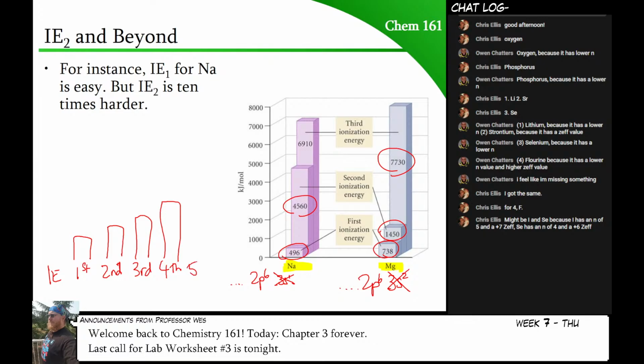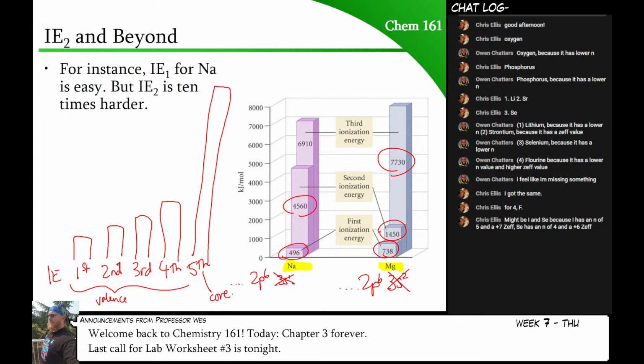This looks pretty normal, right? And then, whoa, what happened here? Why is that one way more? And the answer is, well, these must have been valence electrons, and then this must have been a core electron.